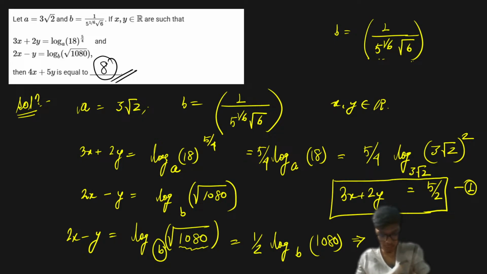Okay. So I hope this particular part is clear to all of you. I hope you were able to understand the solution. So if this part is clear and you have got the answer as 8, then let's move to the next problem. Let's try to solve the next problem.